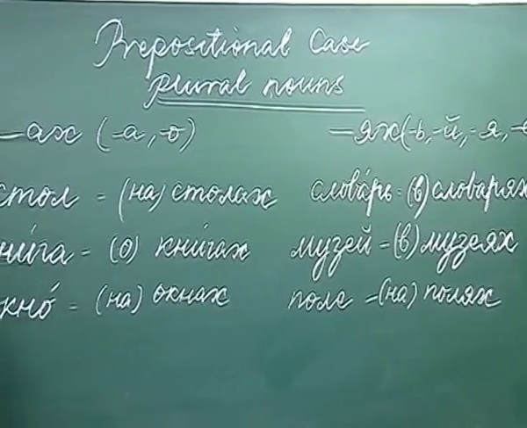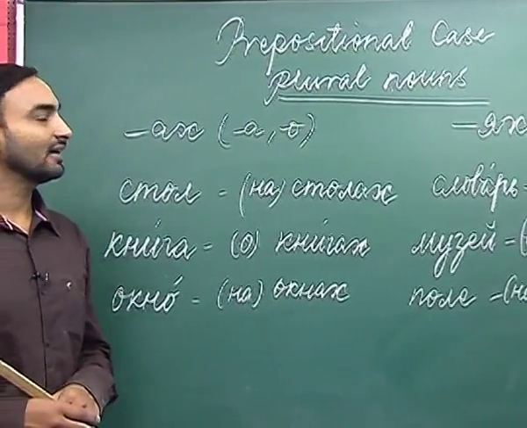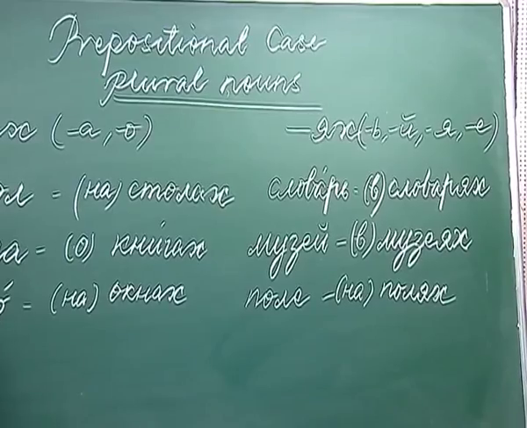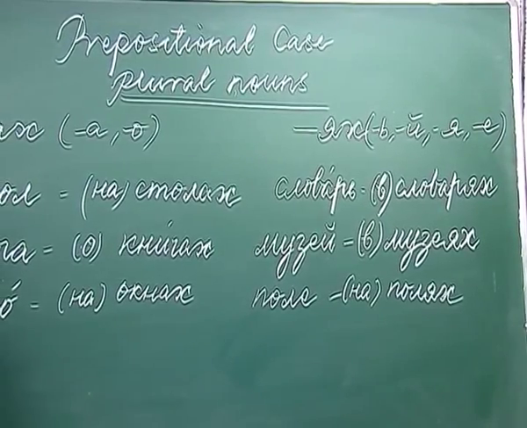So, if the noun is a hard ending noun, then we add ach, and if the noun is a soft ending noun, then we add yach to get its plural form in the prepositional case.